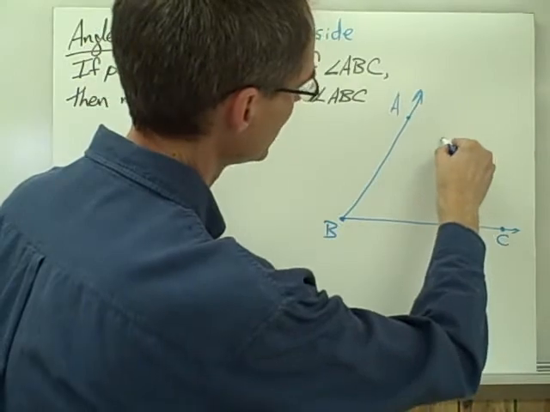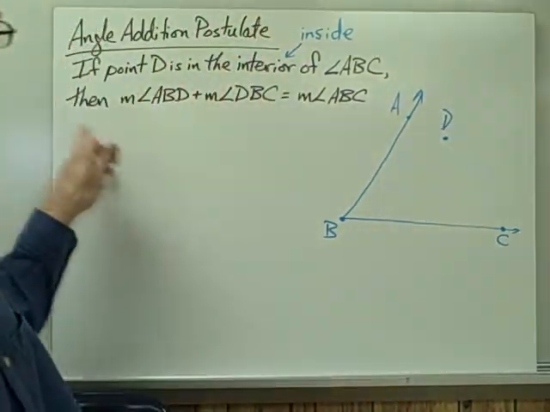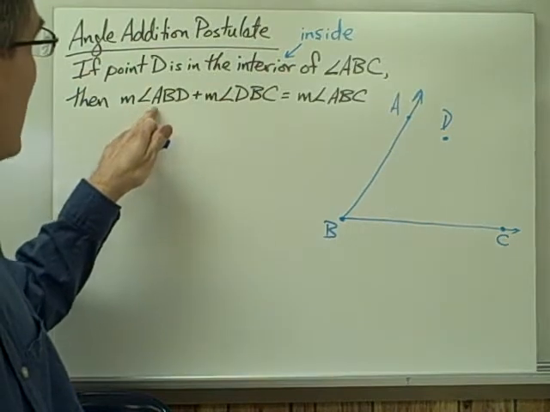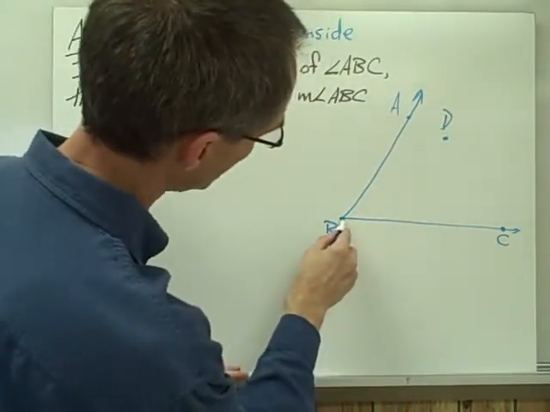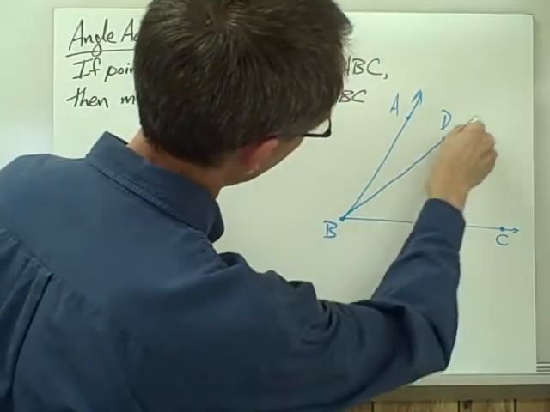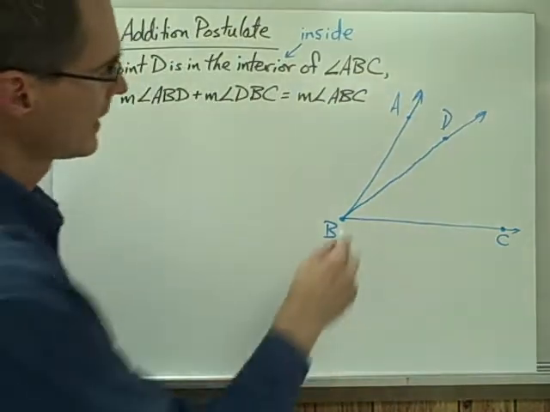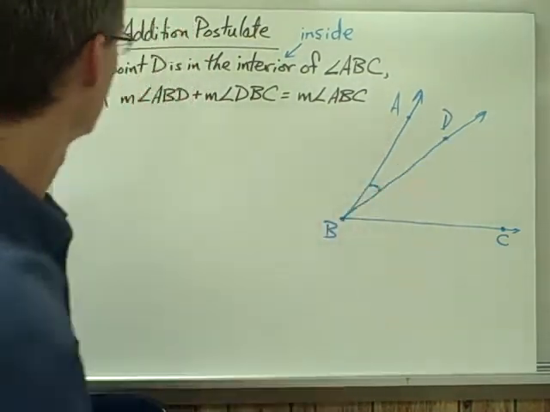So let's say point D is right here. Then for the measure of angle ABD, I'm going to draw a ray from B through D. And now this angle right here is angle ABD.